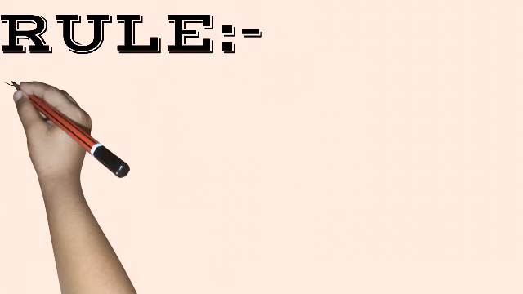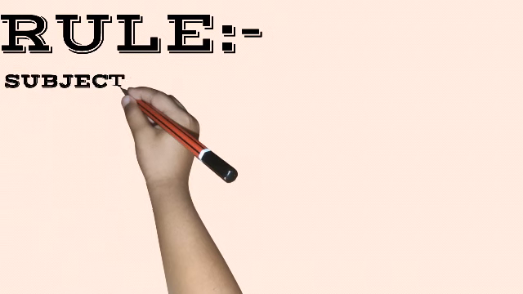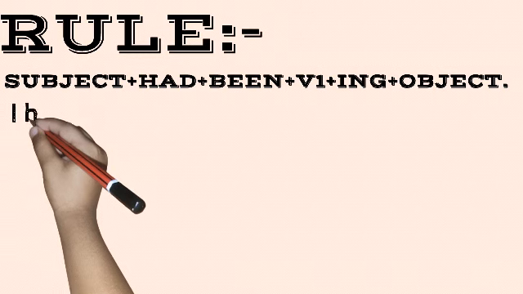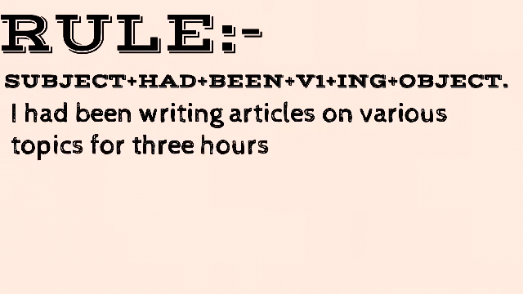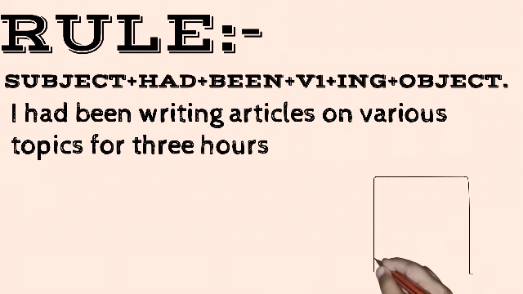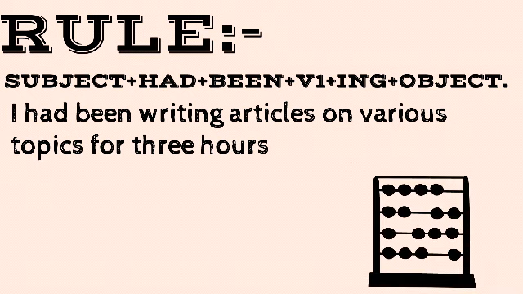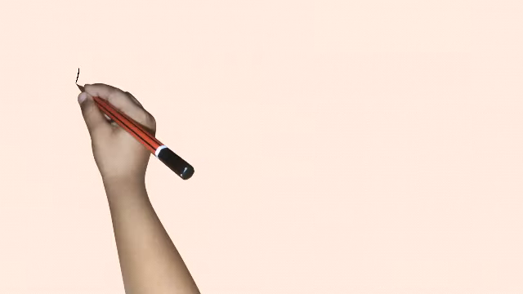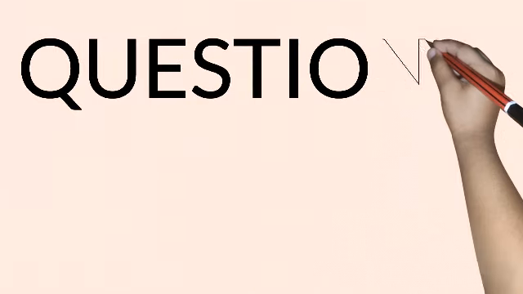Now the rule for the same is subject plus had plus been plus V1 plus ing. In this case, been will be used. Had plus been plus V1 plus ing plus object. Example, I had been writing articles on various topics for 3 hours. You started earlier and the process finished in the past, but two actions are involved.